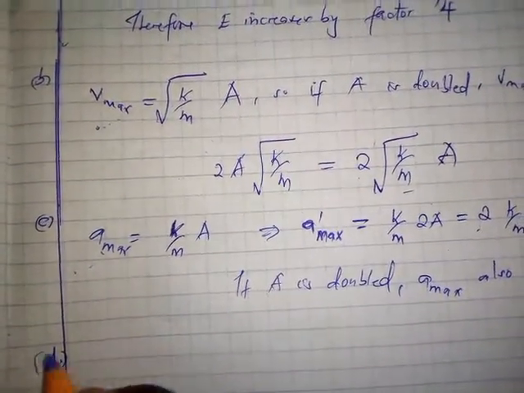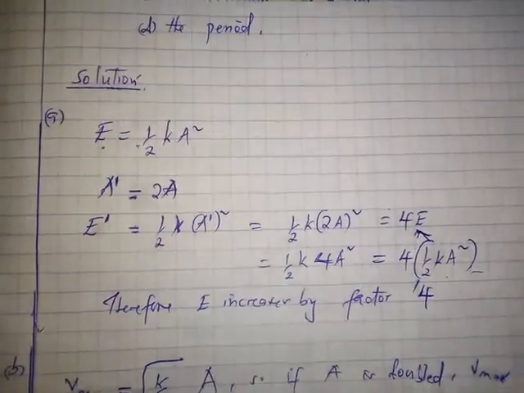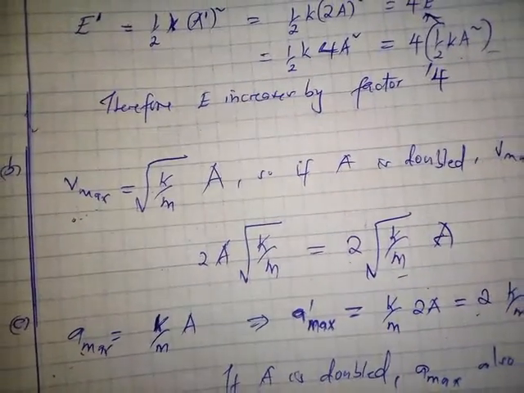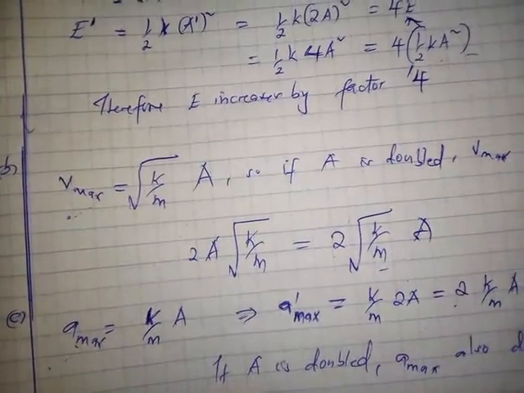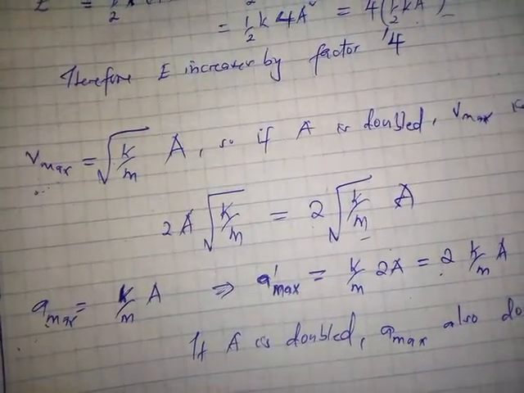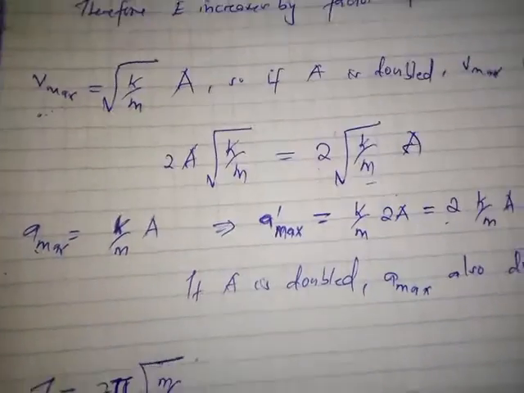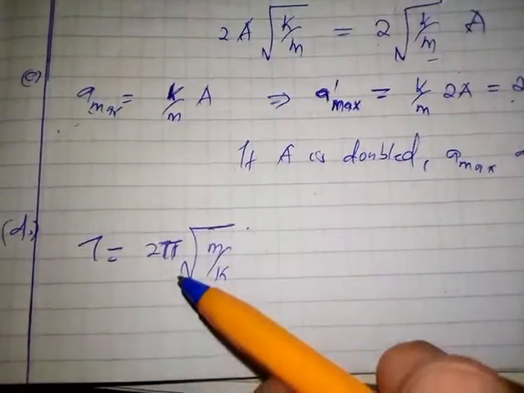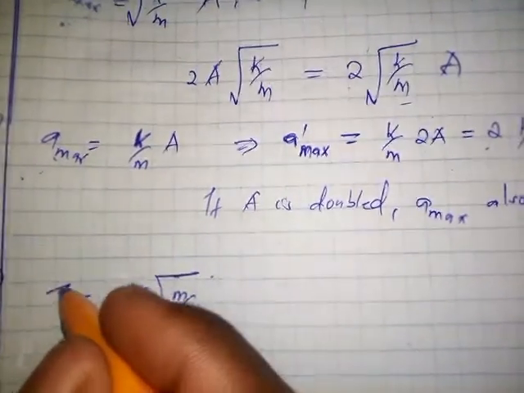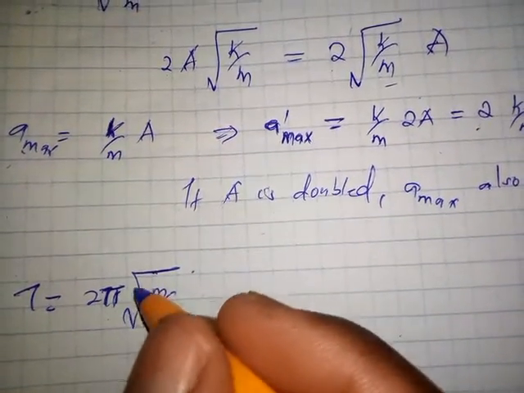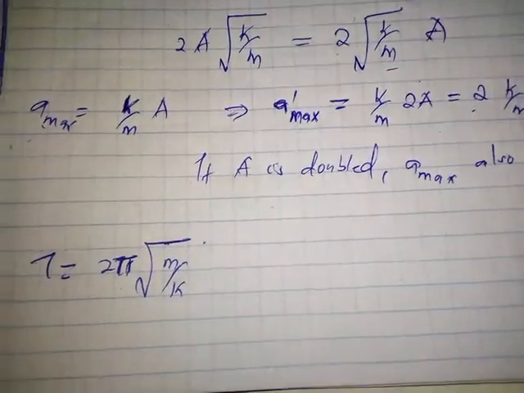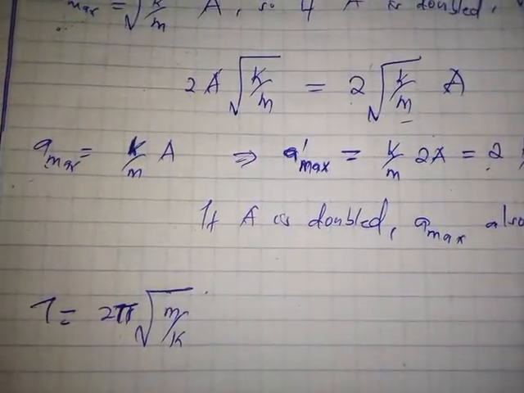D, the period. T is given as 2 pi times the square root of M over K. From this formula, we can see that amplitude is not there. As you can see, amplitude is not in the formula.